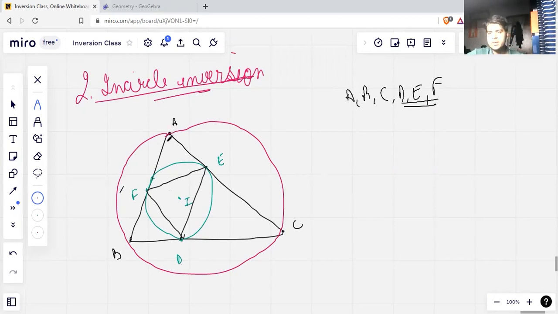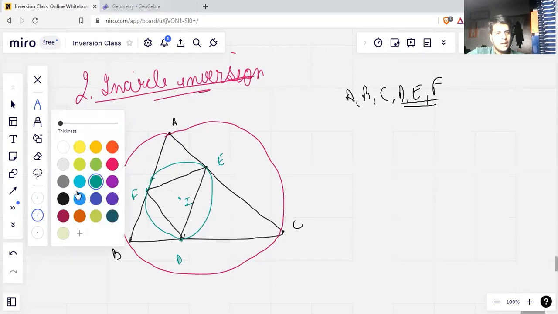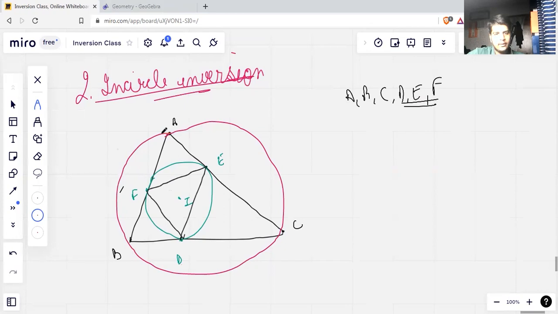How do we think about this point A? Consider this circle AEF. Since angle IFA is 90 and angle IEA is also 90, these are tangents, so these are 90. AEIF are concyclic.